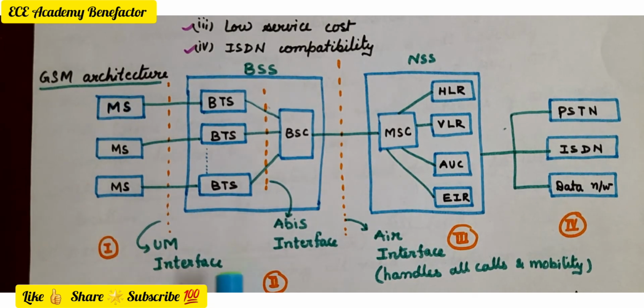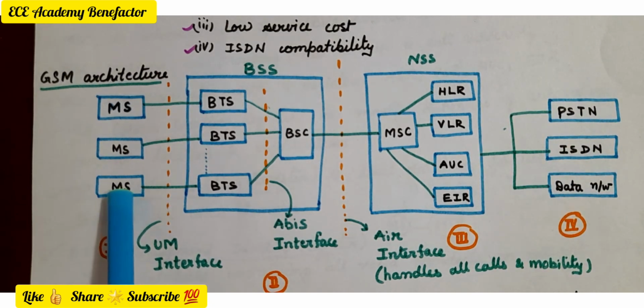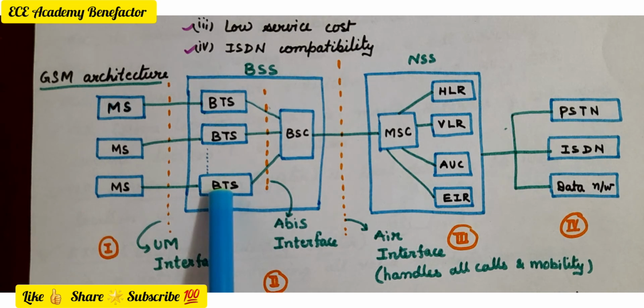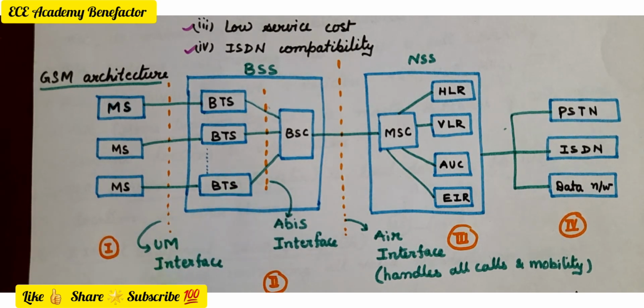The second section is BSS, base station subsystem, and then NSS, and then the public networks. And the interface between mobile station and BSS is the Um interface. Between BTS and BSC it is the Abis interface, and between BSC and MSC it is the A interface.